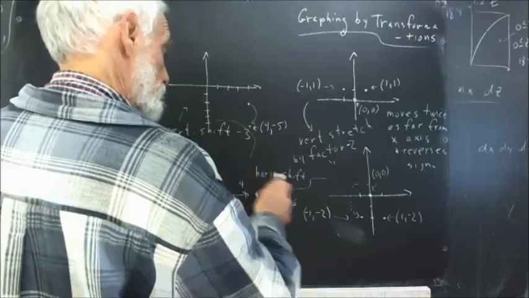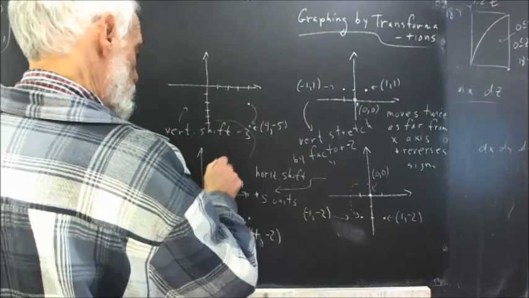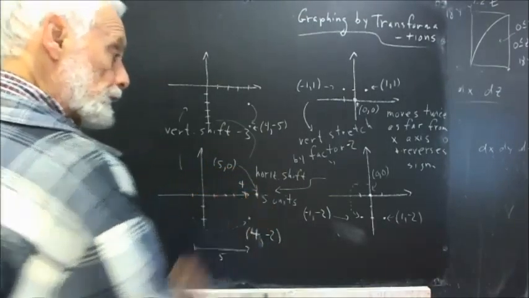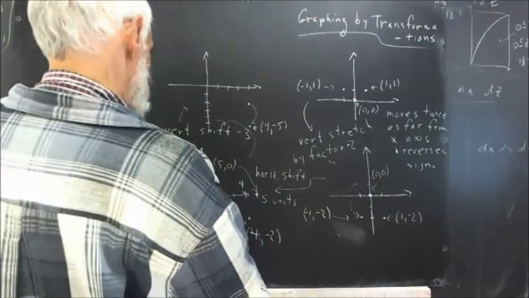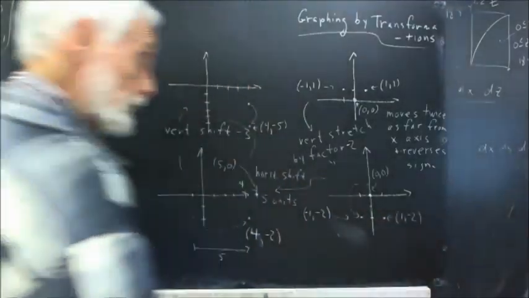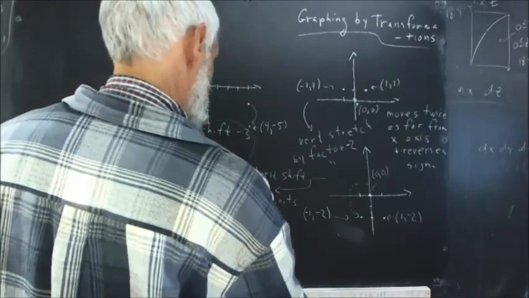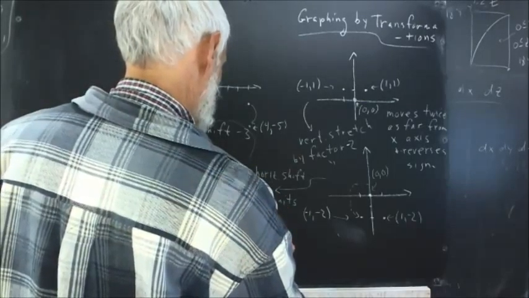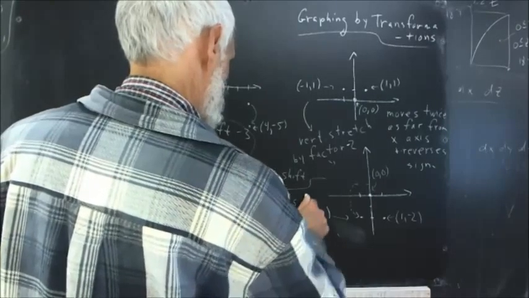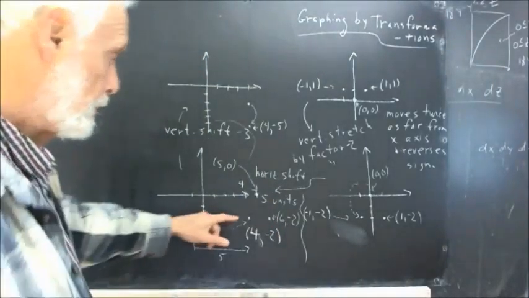Now again, the graphs are getting a little bit bunched up, but we can see the point, so let me label that 5, 0. 0, 0 shifts to 5, 0. 1, -2, this point is going to shift over 5 units. 1 and 5 is 6, so it's going to shift over to 6, -2. So here are the 3 points, here, here, and here.